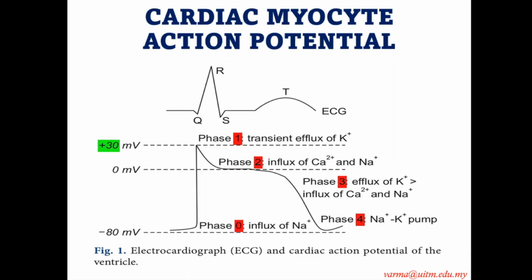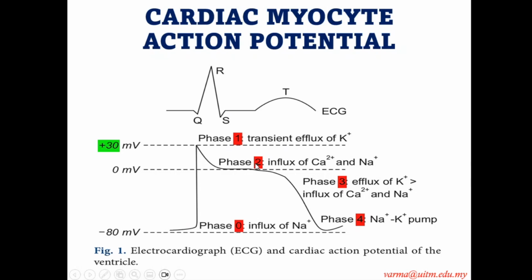So you see the similarity between your cardiomyocyte and skeletal myocyte. It mostly correlates. The fast depolarization is because of sodium influx, repolarization is about potassium efflux, and the resting membrane potential is established via the sodium potassium pump.